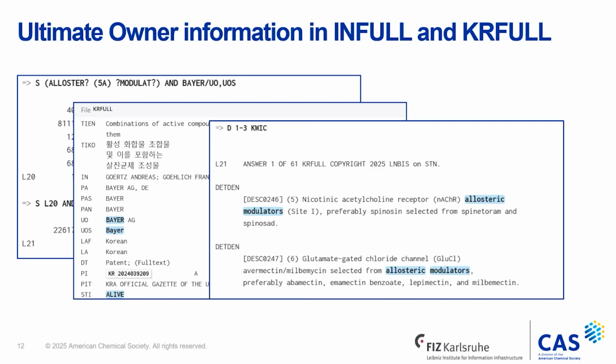It's possible we might see them in a title or in the part of the abstract that we display, but more likely, especially with pretty generic terms like the ones I used to create the search strategy, they're going to come in the text of the patent itself. Keyword in context shows our hit terms as well as a range of terms around them and the context in which they're being mentioned.